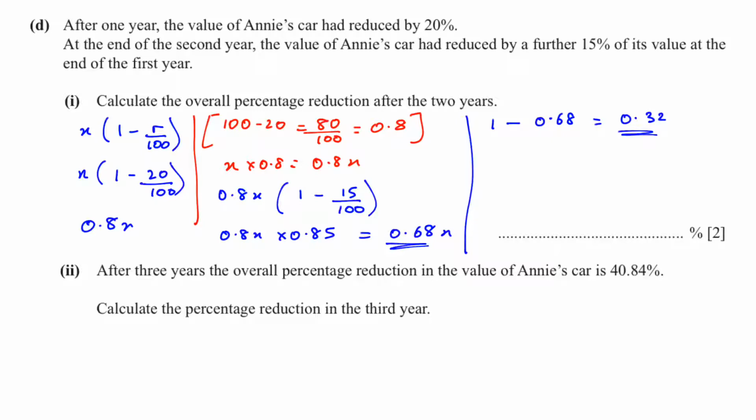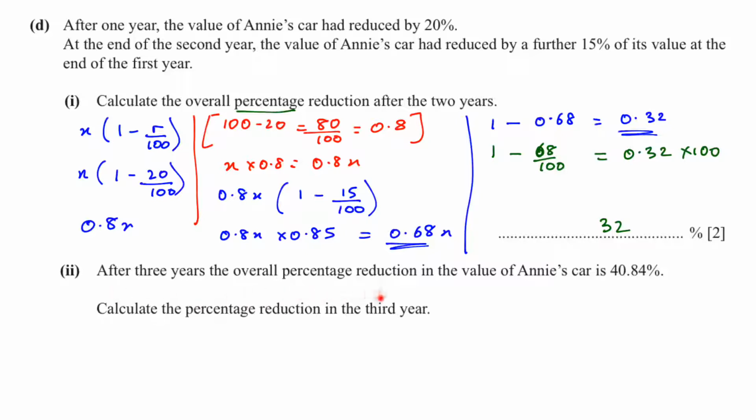Or if you can write it like this, 1 minus 68 over 100 will also give you 0.32. Oh, they want the percentage, so we have to multiply by 100. That is 32%. Next question.